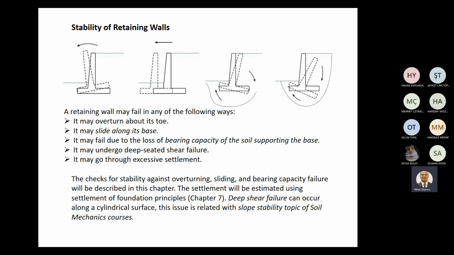What kind of failures can we expect on retaining walls? A retaining wall may overturn about its toe, this point, due to horizontal pressures. Similarly, these horizontal earth pressures may result in sliding.